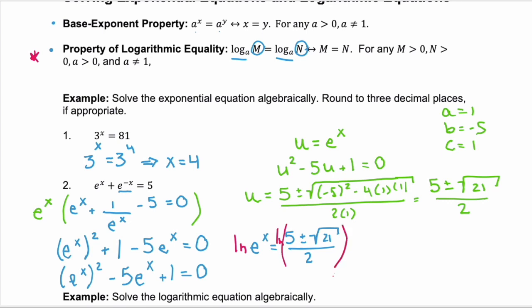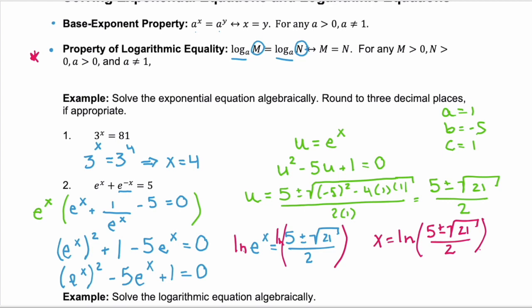The reason we take the natural log is because we also use that property where the base of our log, e, for a natural log, and the base of our exponent, cancel each other out, and we're left with x equals the natural log of 5 plus or minus the square root of 21 over 2.